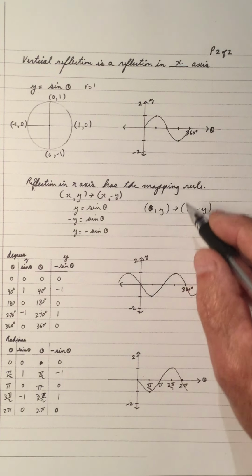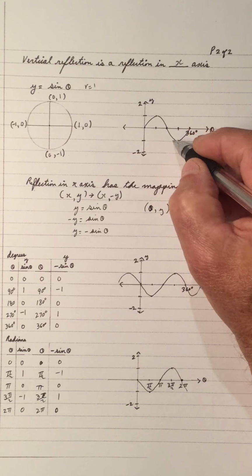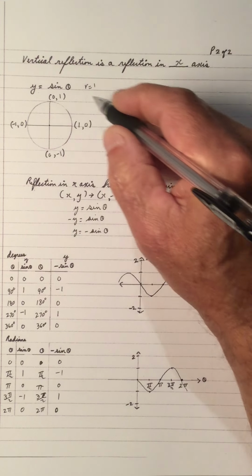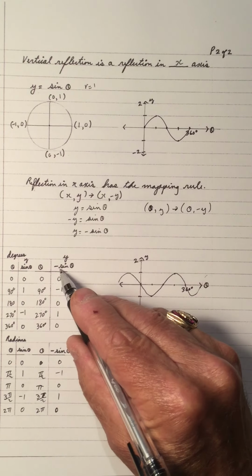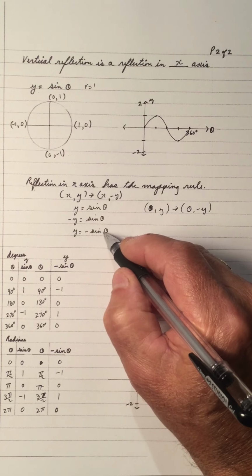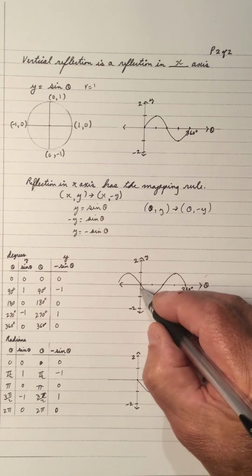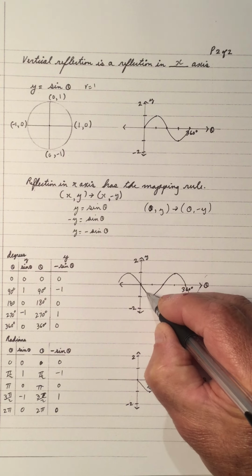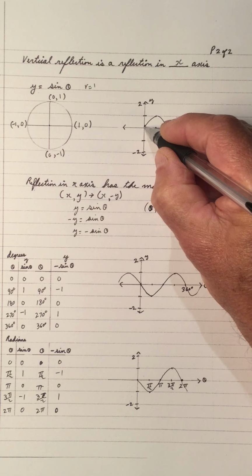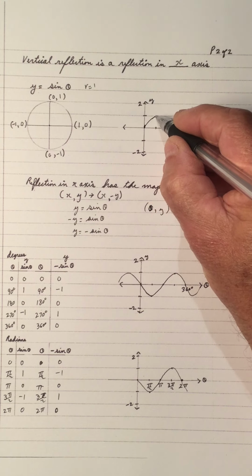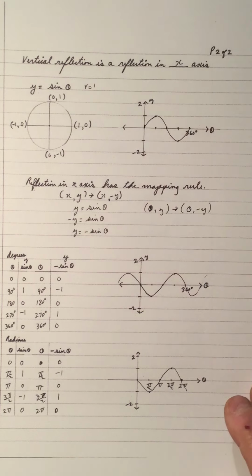And notice the sine graph is a sideways S. And notice it's positive, so it's going up from here. Notice this one, y equals negative sine x, is opening down. So from 0, 0, it's going down to negative 1. Here it's going from 0, 0, going up to 1.